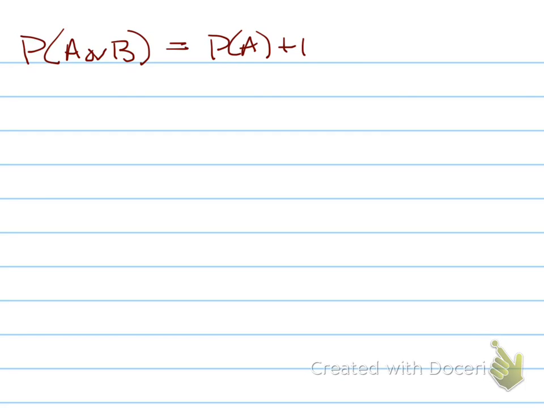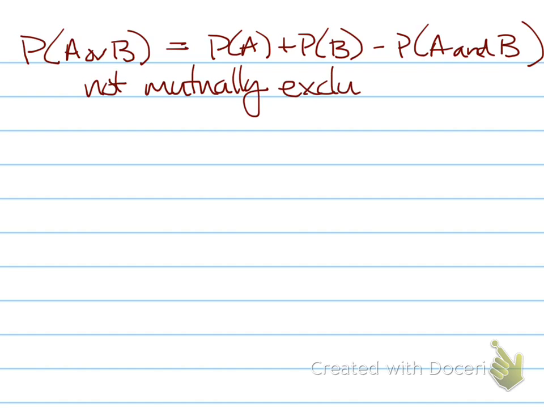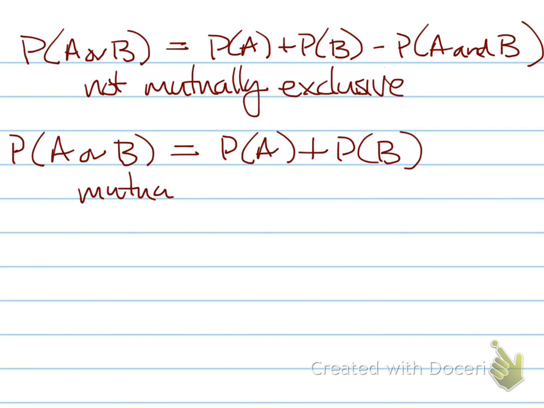All right, so the probability of A or B occurring is the probability of A plus the probability of B minus the probability of A and B. That is the formula that we use whenever two events are not mutually exclusive. If two events are mutually exclusive, then the probability of A and B occurring would be 0.